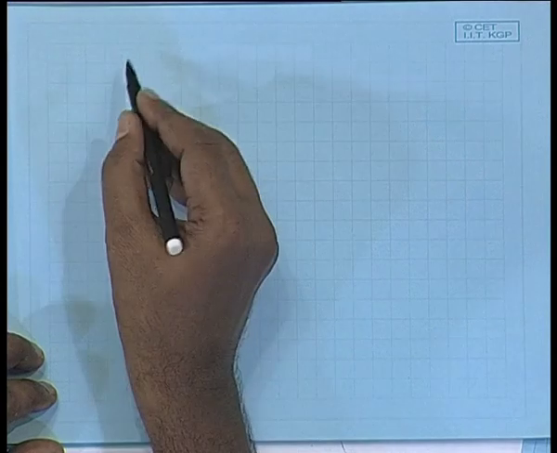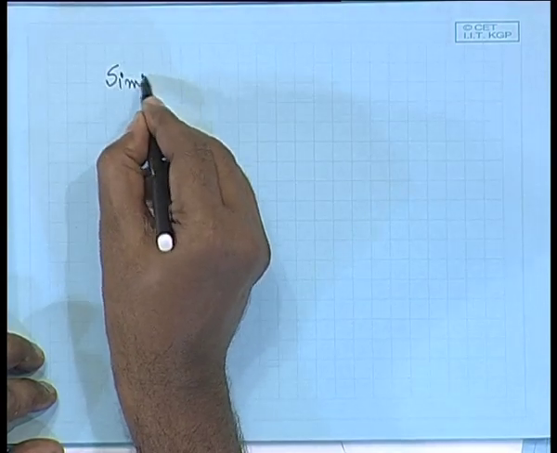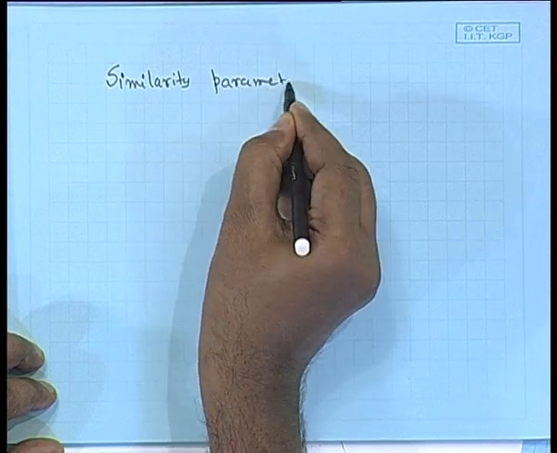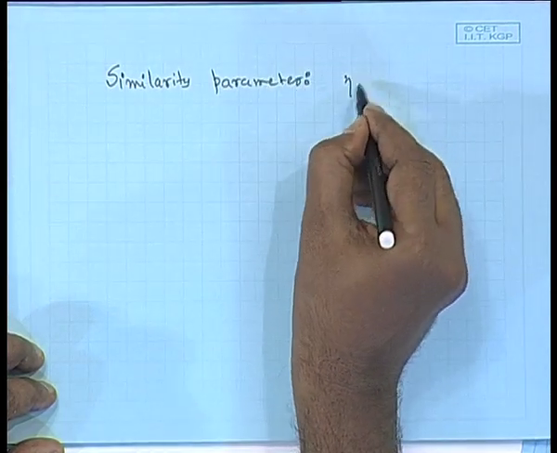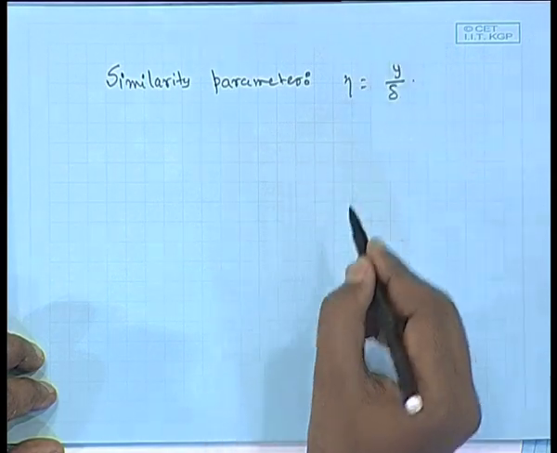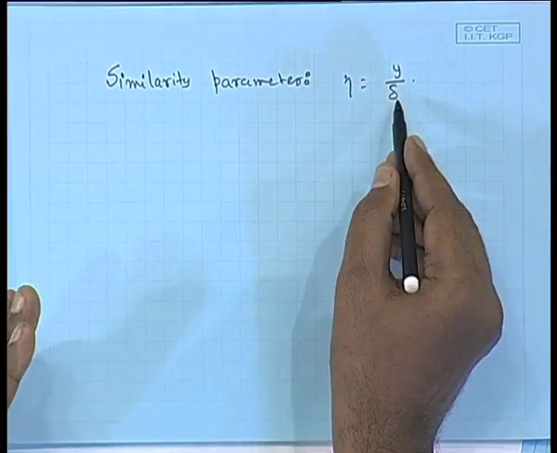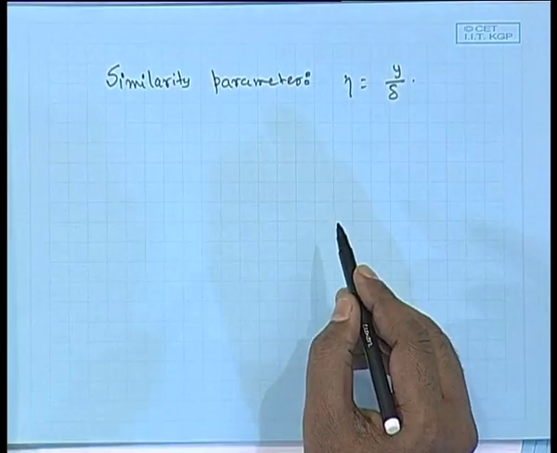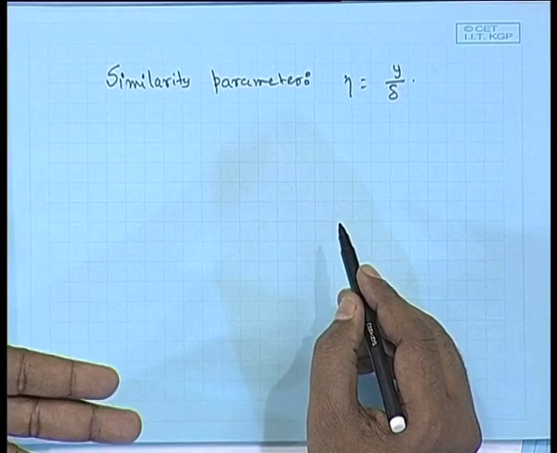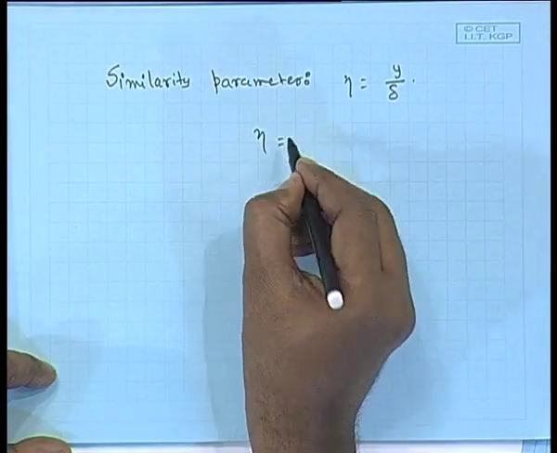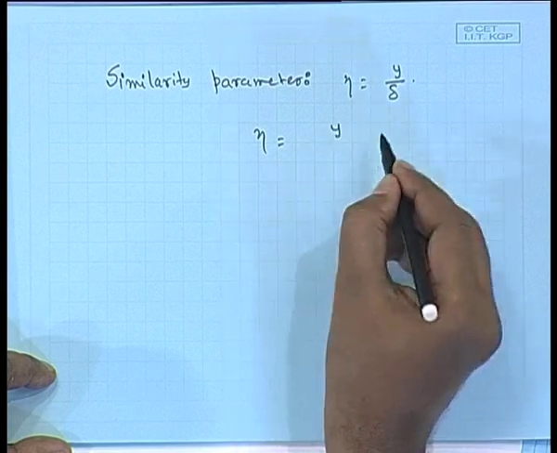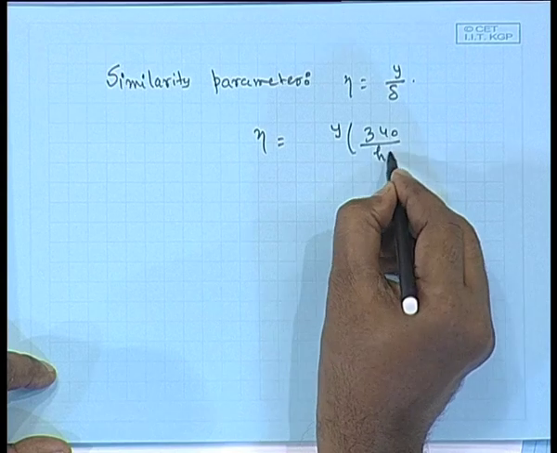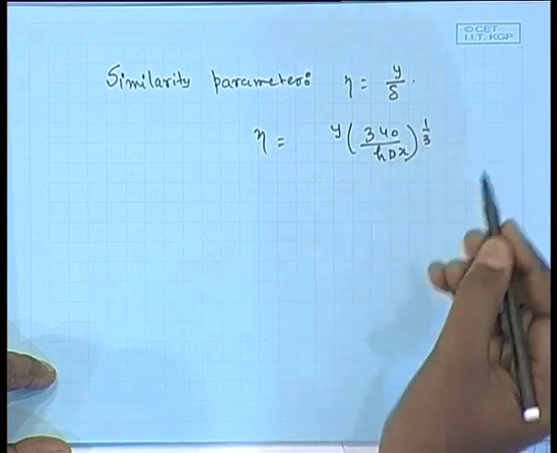Now, what is the similarity parameter? The similarity parameter is generally defined as eta equal to y by delta. This functional form will ensure that at every x location the profiles are self similar. So, eta is y by delta, that is y times 3 u0 divided by h dx raised to the power 1/3.